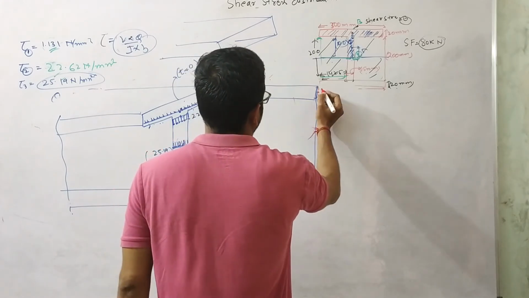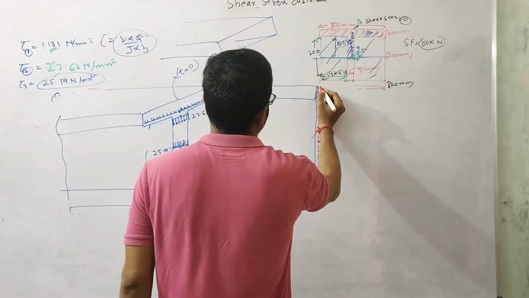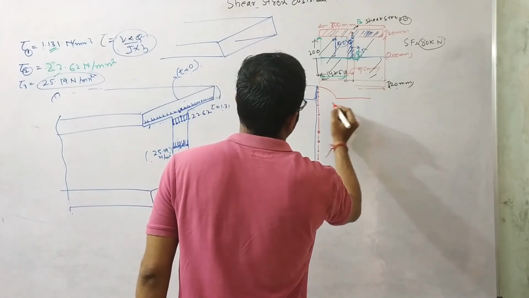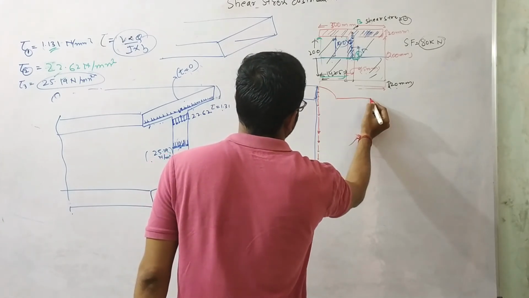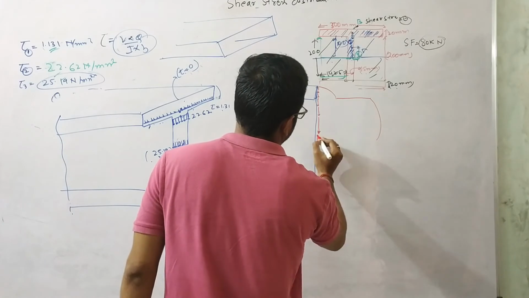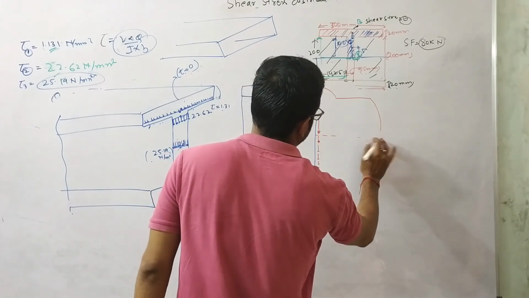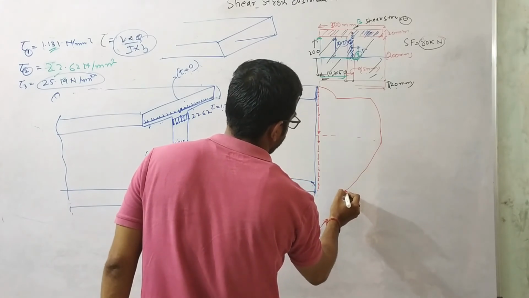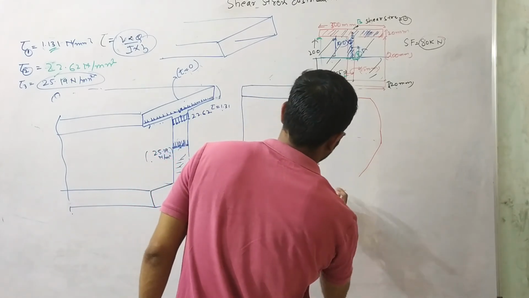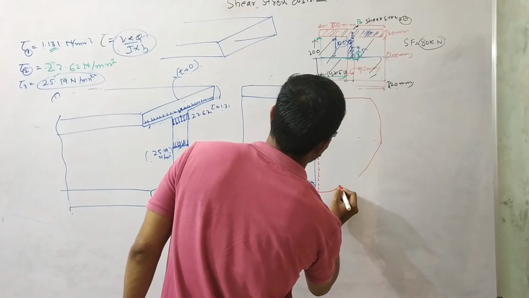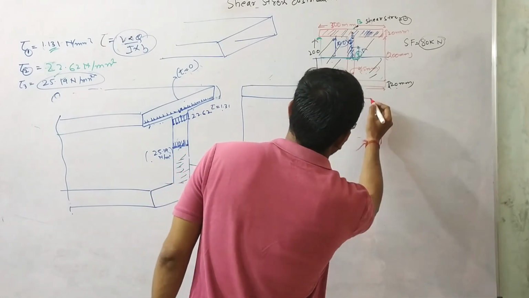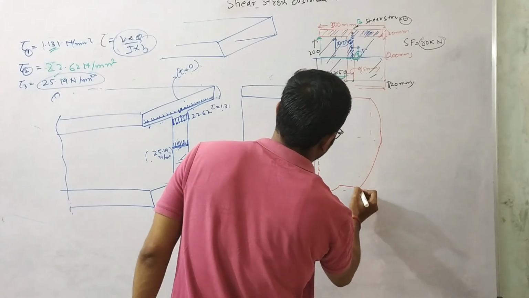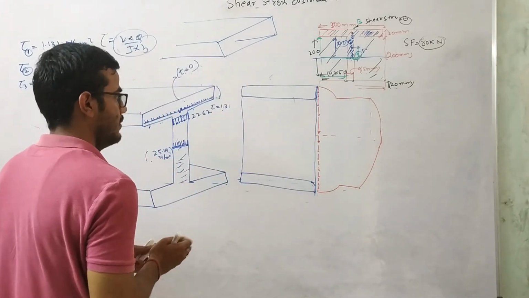I know that we already derived the parabolic variation for this. So this sudden increase in the shear stress will look like this. At the neutral axis level it will be maximum. And the symmetrical figure will look like this.